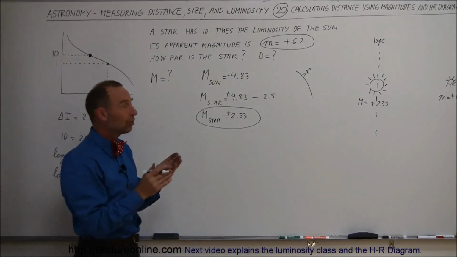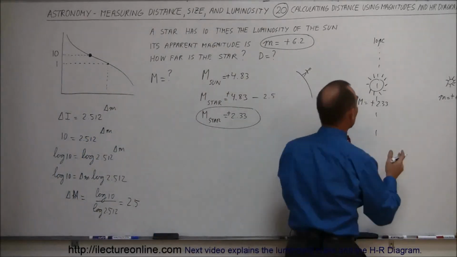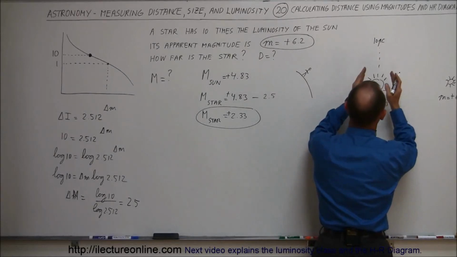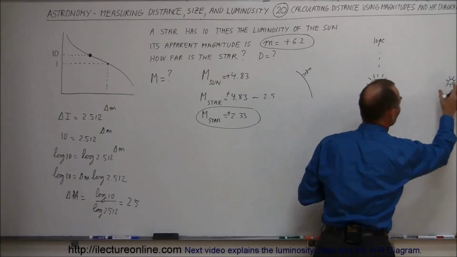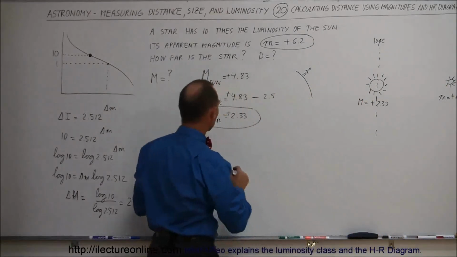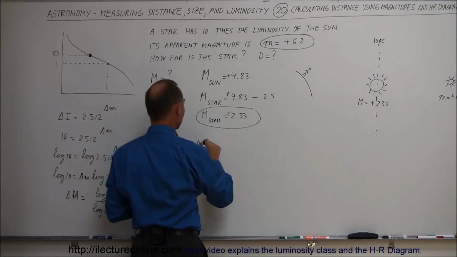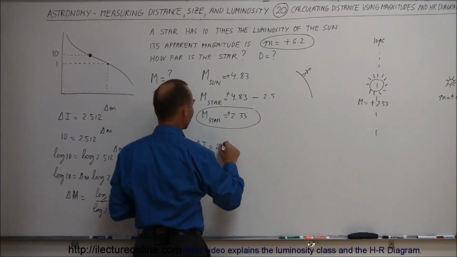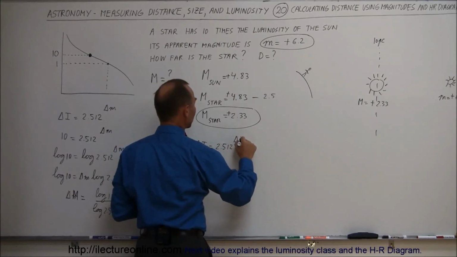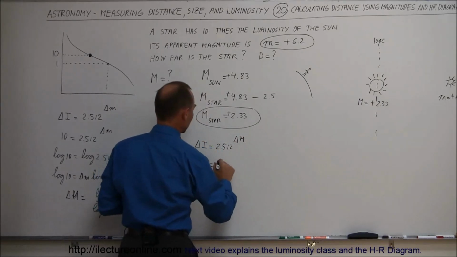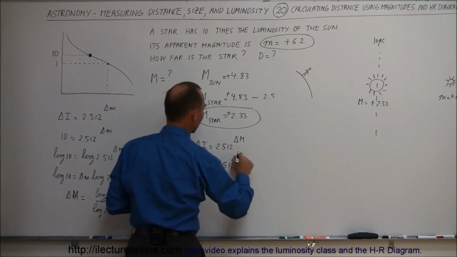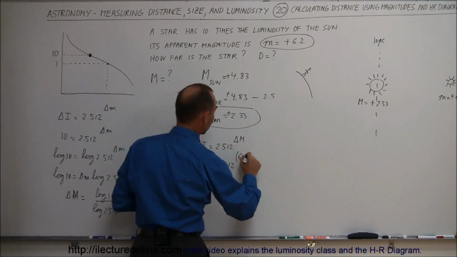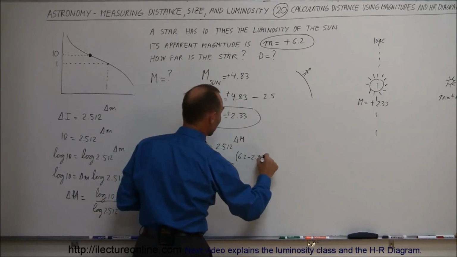Well, the first thing we do is find the difference in intensity between the star's intensity if it's at 10 parsecs and the star's intensity when it's farther away. So there we go. The difference in the intensity is equal to 2.512 raised to the change in the magnitudes. And that would be 2.512 raised to the 6.2 minus 2.33.